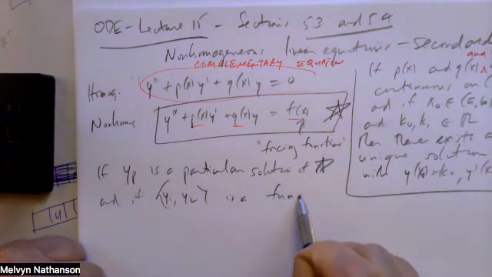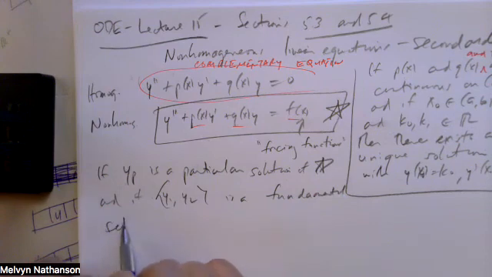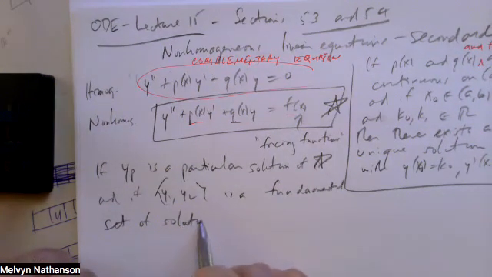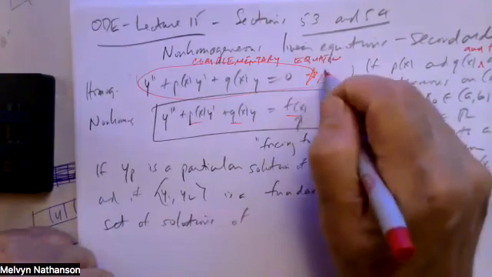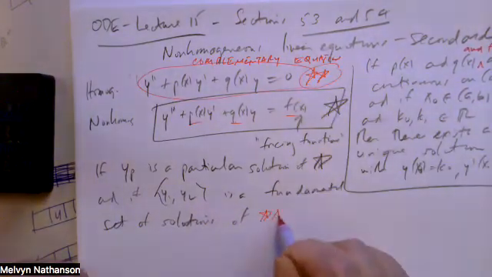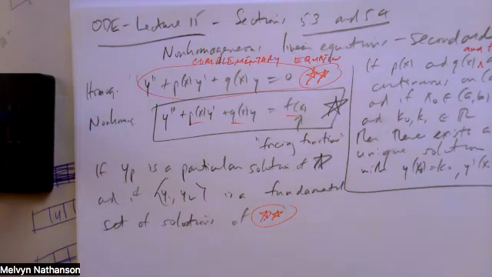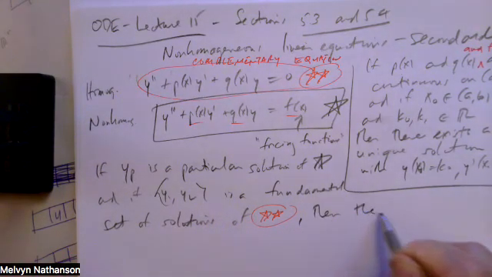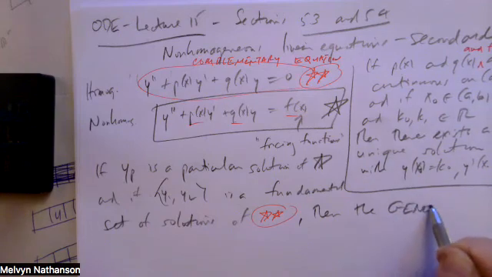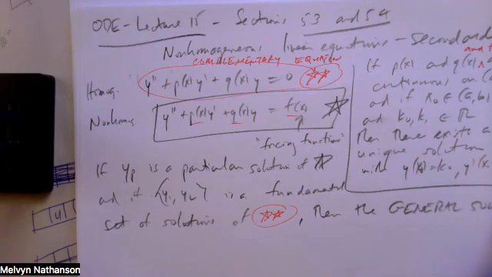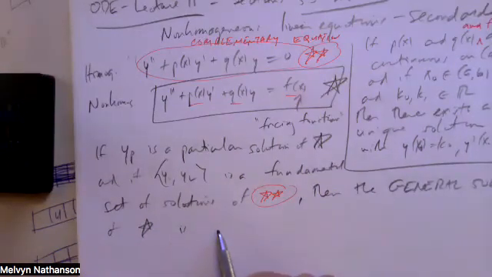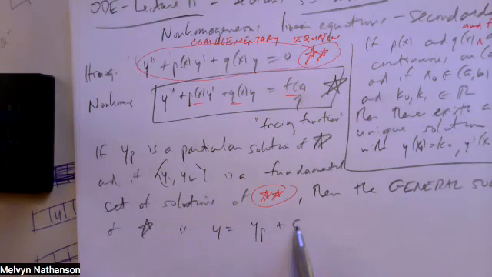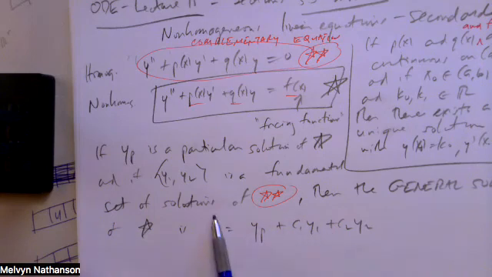a fundamental set of solutions of, let me put 2 stars around this, so I don't have to keep writing it, then the general solution, that means every solution, of the non-homogeneous equation is y equals a particular solution plus some linear combination of the fundamental set of solutions of the homogeneous equation.